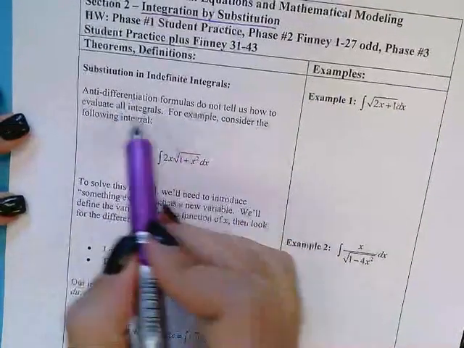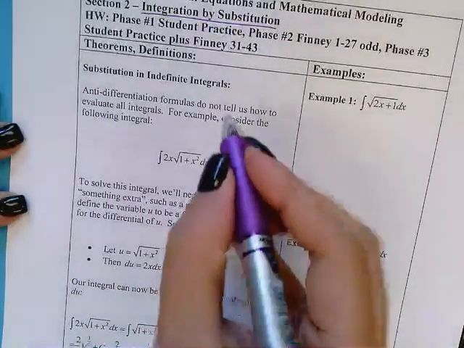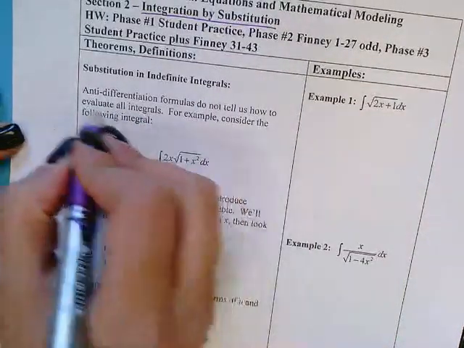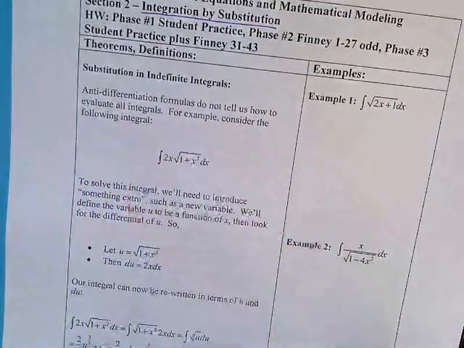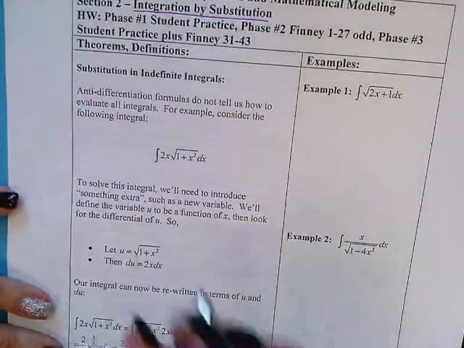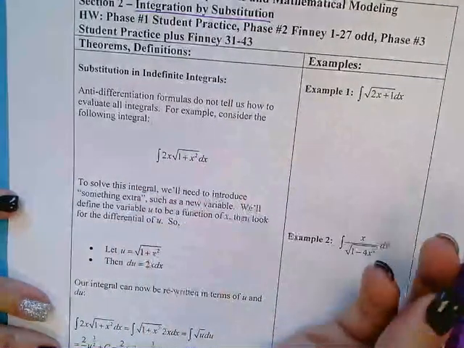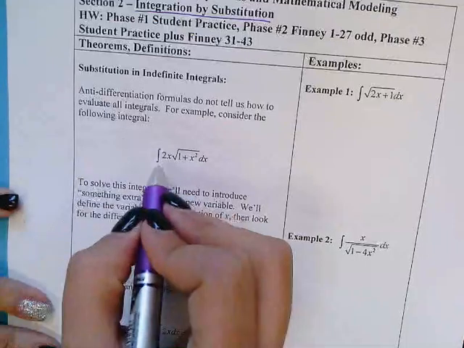Anti-differentiation formulas do not tell us how to evaluate all integrals. For example, consider the following. Anti-differentiation formulas are basically the formulas that we already know. So what's the antiderivative of 1 over x? We know it is ln of x. Or using the power rule.